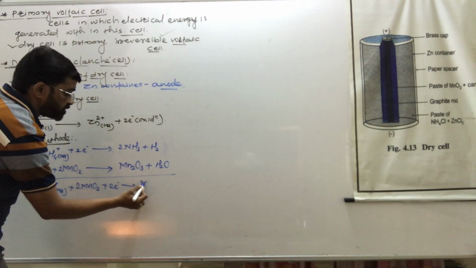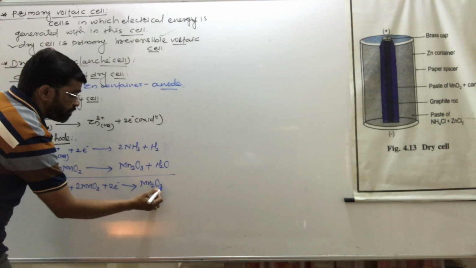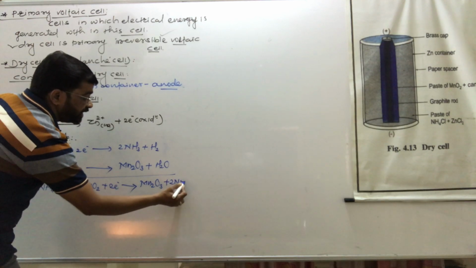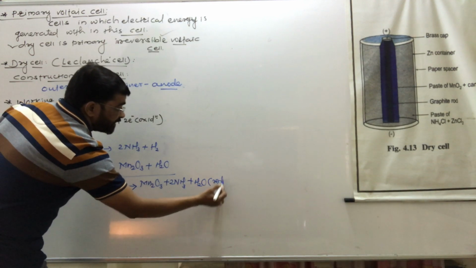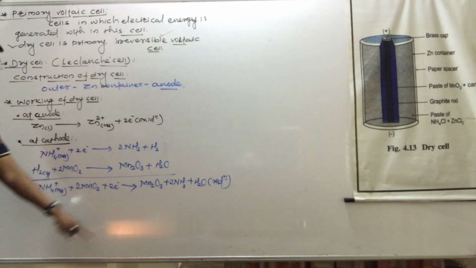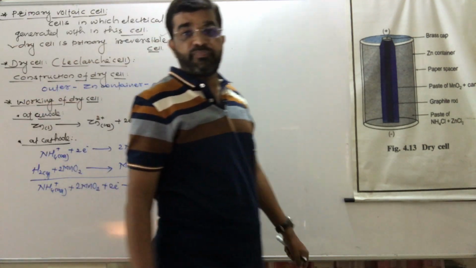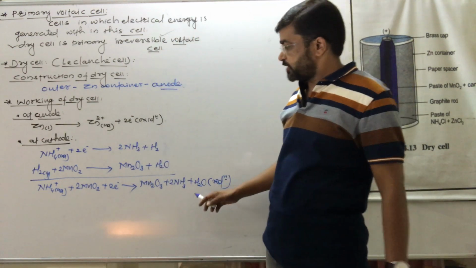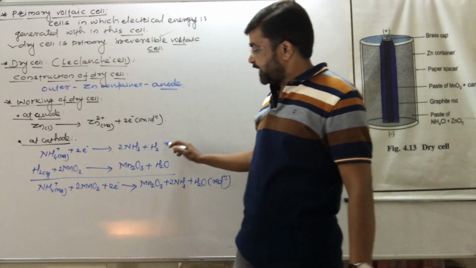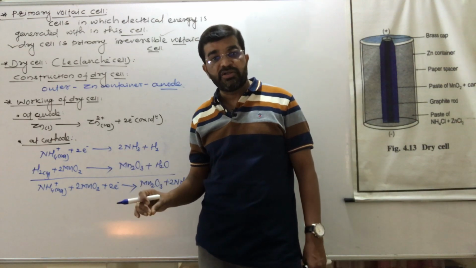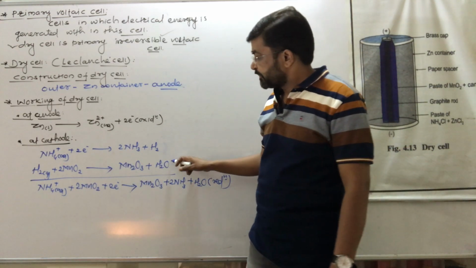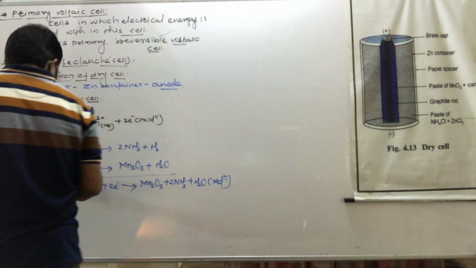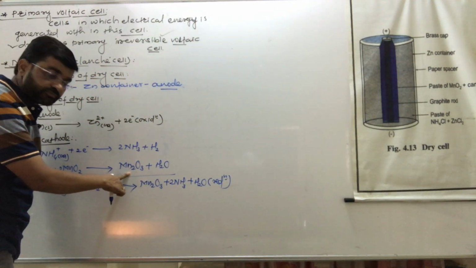Here there is formation of Mn2O3 plus 2NH3 plus H2O. This is the reduction reaction taking place at the cathode. So here hydrogen gas acts as a depolarizer. That is nothing but it reduces MnO2 to Mn2O3.